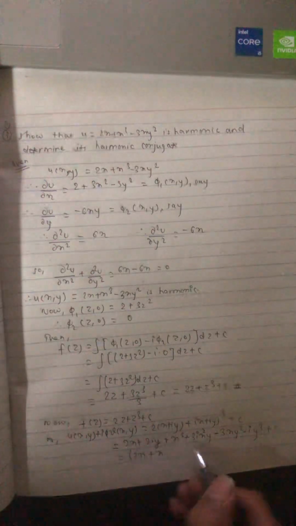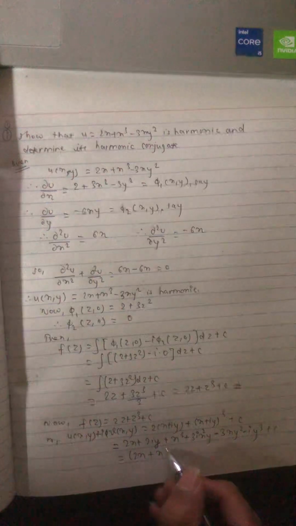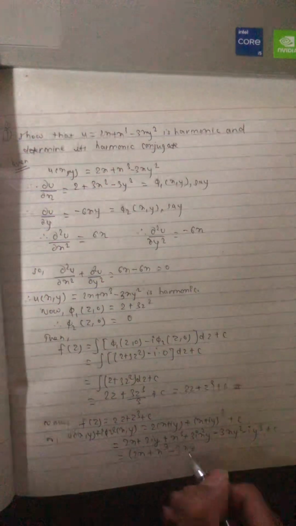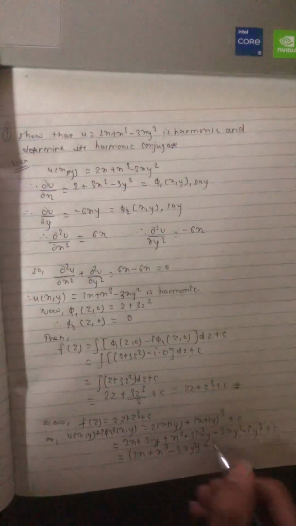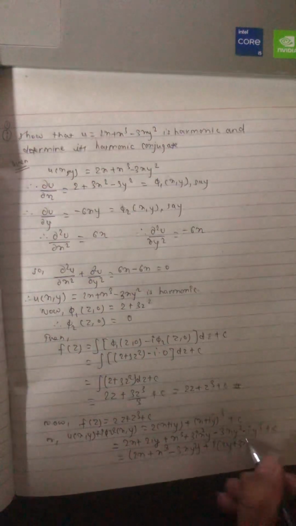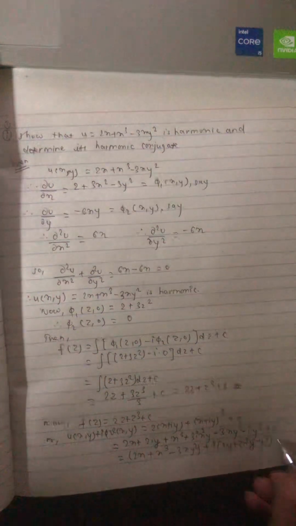So this and this: 2x plus x cube minus 3x y square, plus i times 2y plus 3x square y minus y cube plus c.